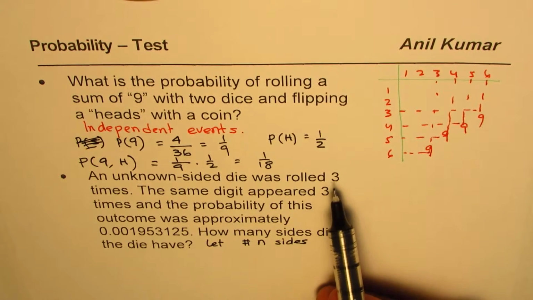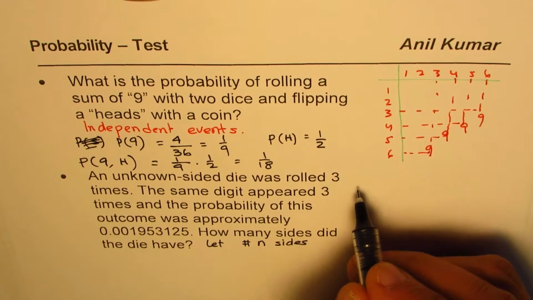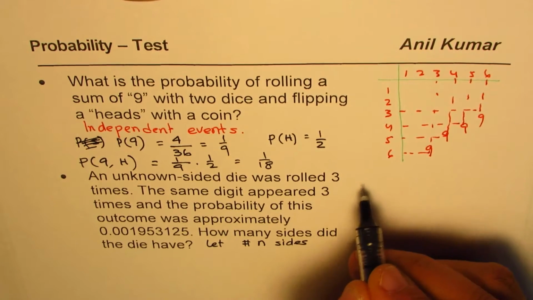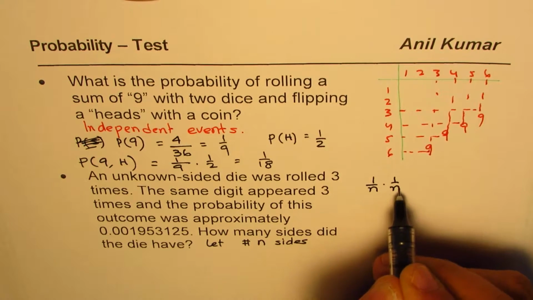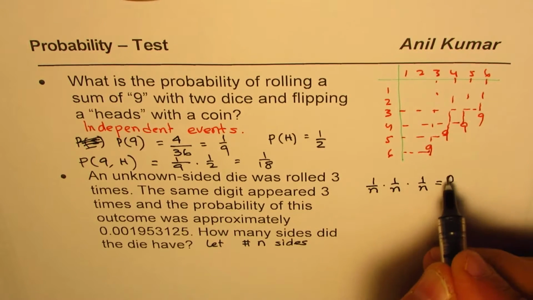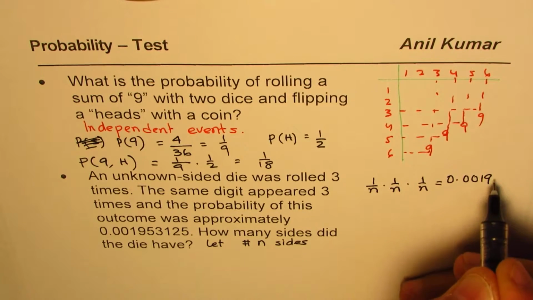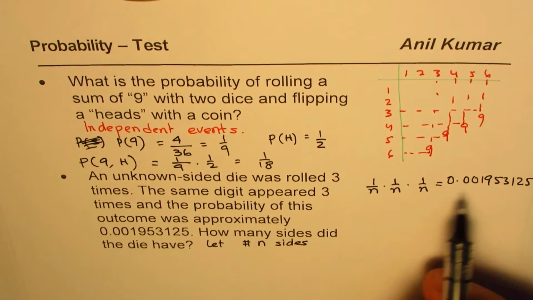If I get one number, then the probability of that number is 1 over n, right? So the probability of that number being rolled 3 times will be 1 over n times 1 over n times 1 over n, and this is equal to 0.001953125. Do you see that?